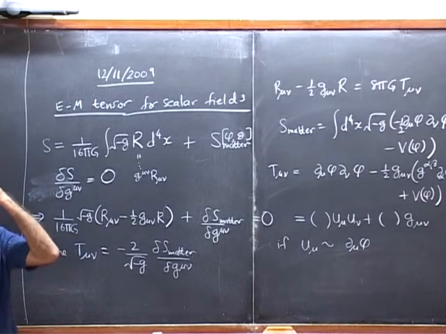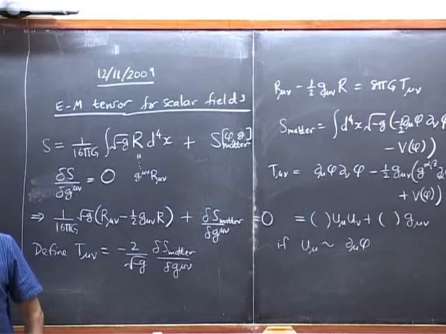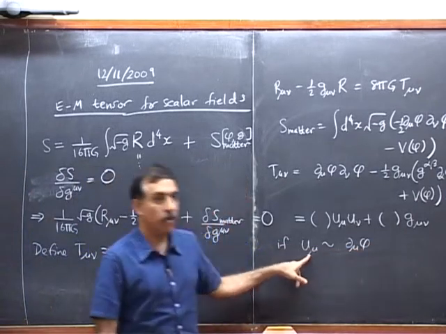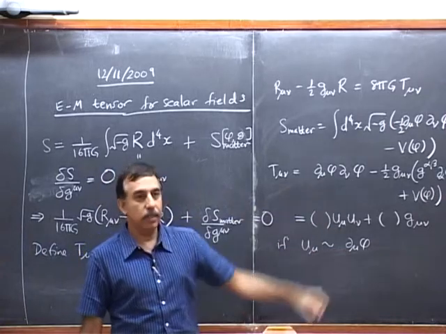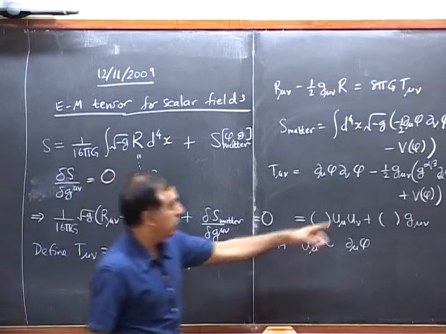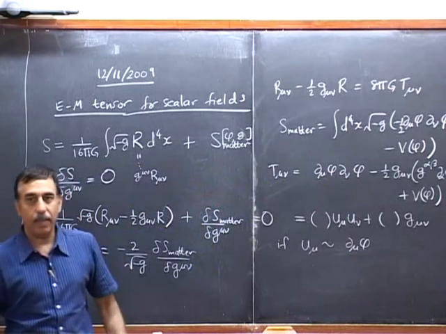The energy momentum tensor of a perfect fluid was taken to be proportional to u mu u nu, where u was the velocity four-vector, and a term proportional to g mu nu. And we see that if we think of the gradient of this scalar field as the velocity four-vector, then this expansion has the same form. One piece is proportional to g and one piece is proportional to u mu u nu.